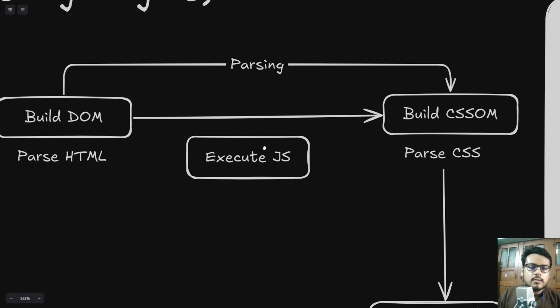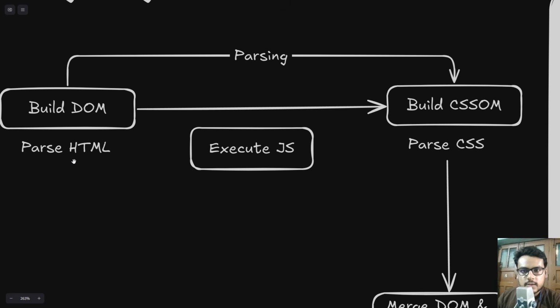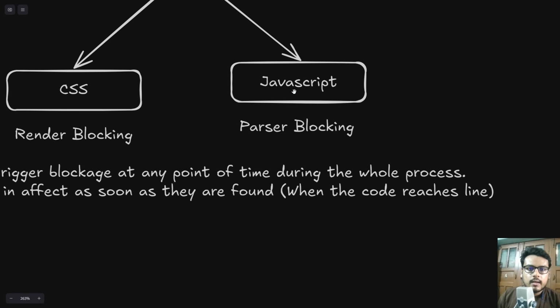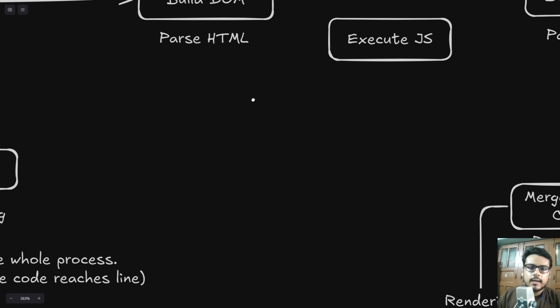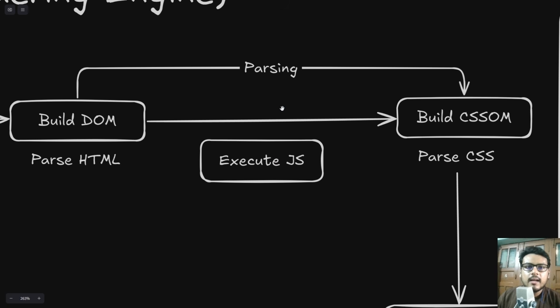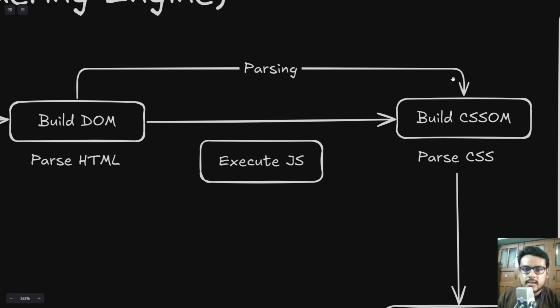And just for your information, the whole phase from parsing of HTML till parsing of CSS is called the parsing step. If you remember, JavaScript is parser blocking, which means that while executing your file line by line, if the browser encounters a JavaScript file, it will stop the parsing in this step and execute the JavaScript first.